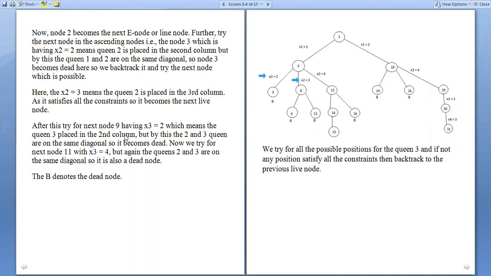After this, try for the next node 9 having x3 equal to 2, which means queen 3 is placed in the second column. Now see the diagram, you can easily understand.